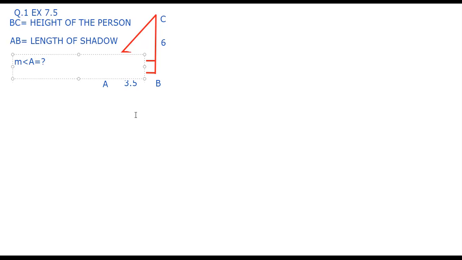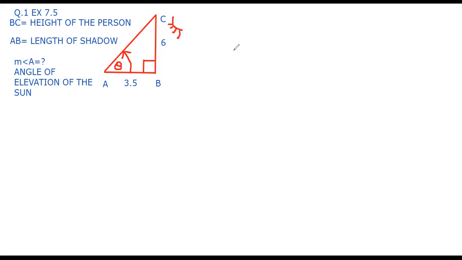But this is the angle of elevation of the sun. The reason is that the sun will be at some point C, because whenever the sun is behind some opaque medium, only then are shadows formed. So you can see that the sun and its shadow will be on the ground.